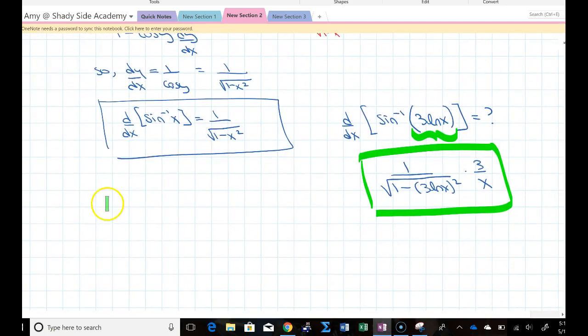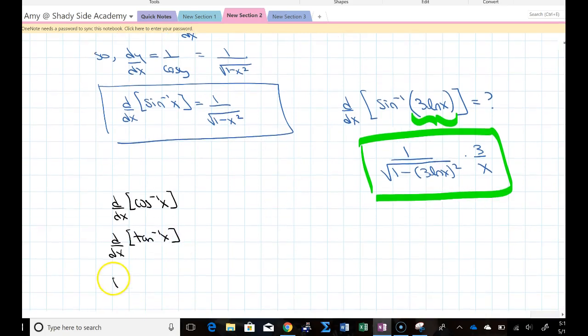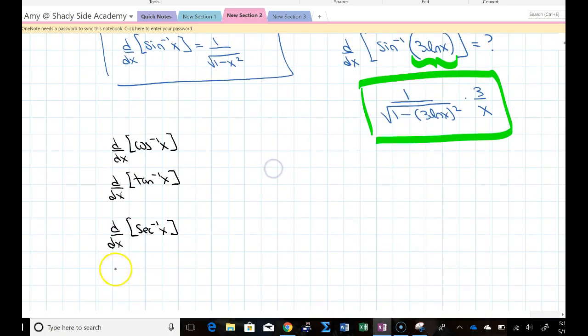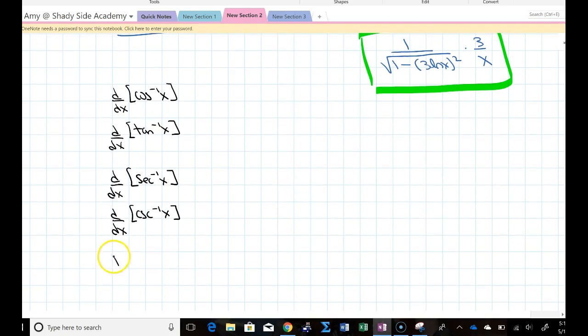When we go to getting the derivative rules for the inverse cosine of x, the inverse tangent of x, the inverse secant of x, and the inverse cosecant of x, and of course the inverse cotangent of x.